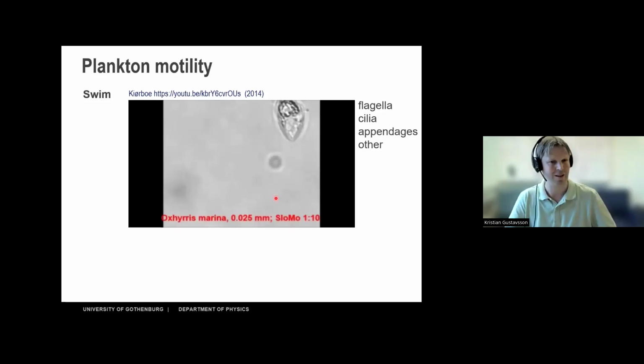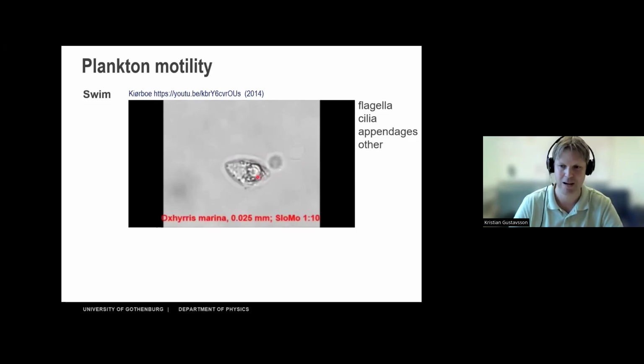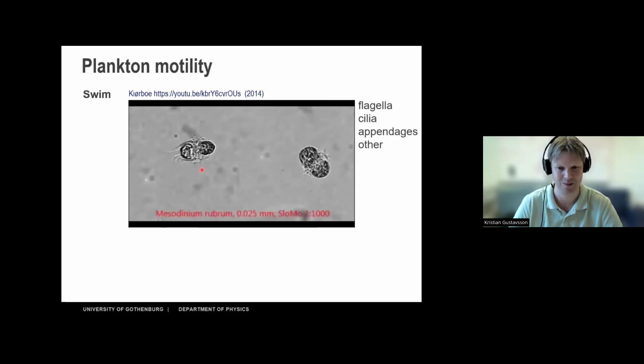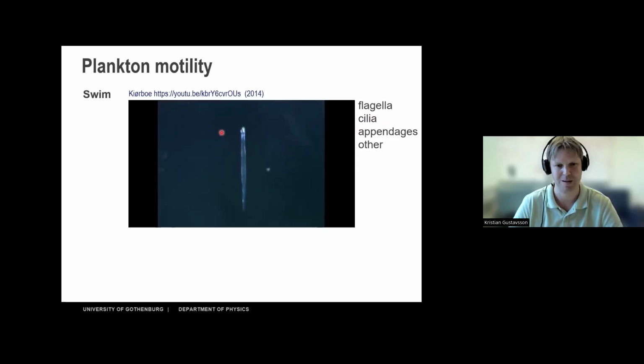Now, if we look at how plankton can navigate in the ocean, the first and perhaps most obvious way is to swim. This is mainly done by zooplankton, but also by some phytoplankton like this flagellate. It uses a flagellum to swim. Or you can use cilia, which are mainly smaller flagella, or a zooplankton can use its appendages to swim.